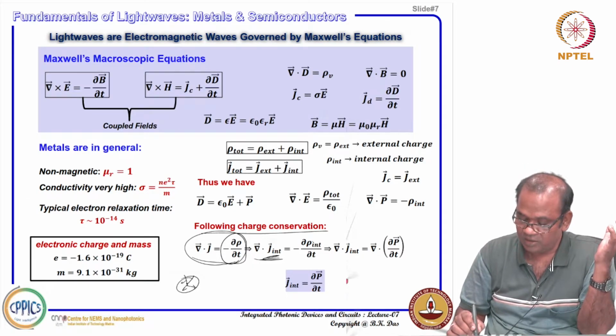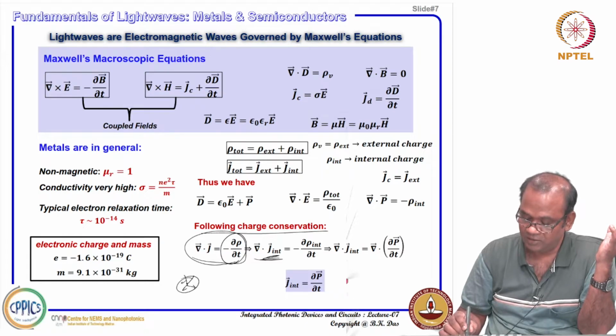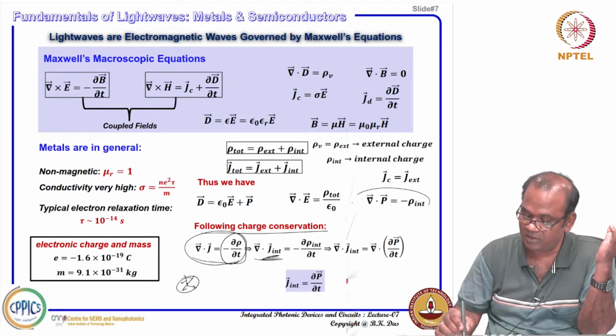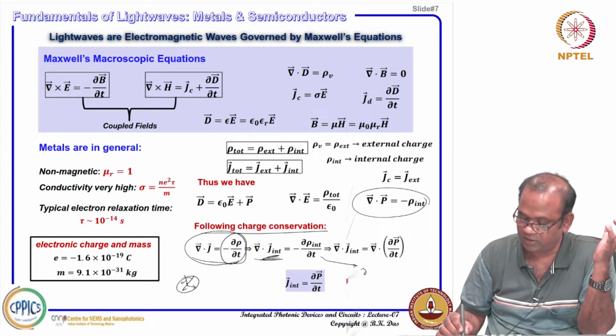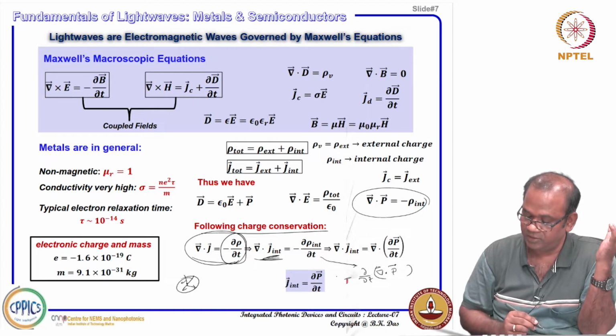We have already discussed that rho internal is minus divergence P. So if I put that in, I can take the divergence out, and I write del by del t times divergence of P, with a minus sign.